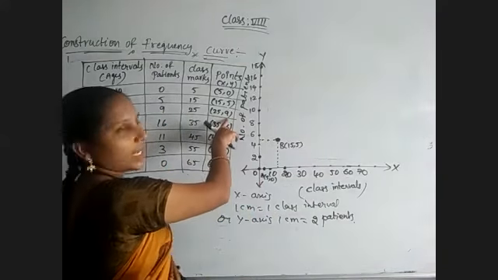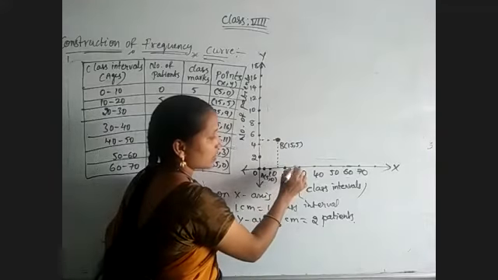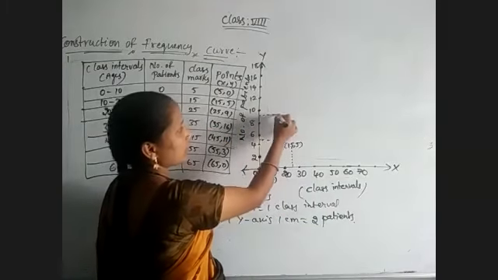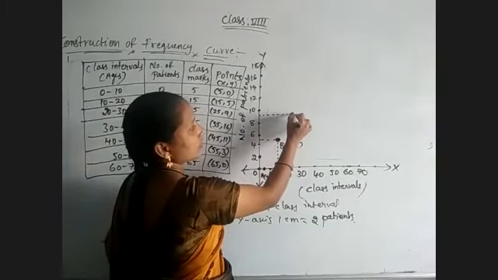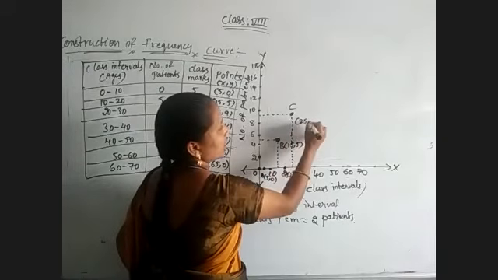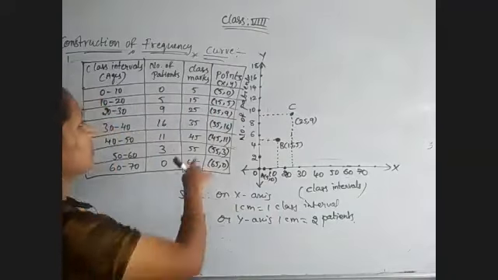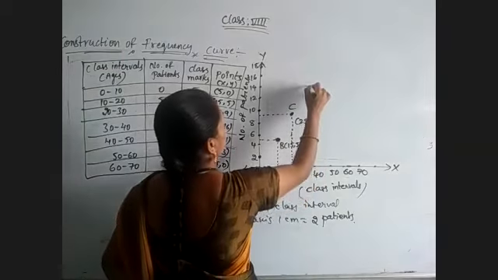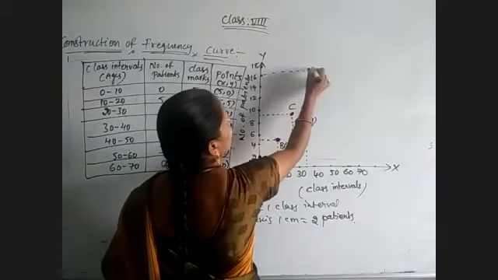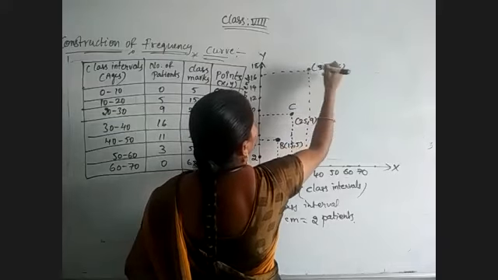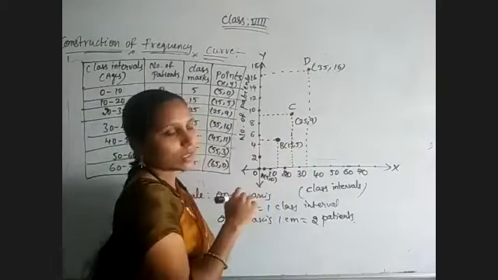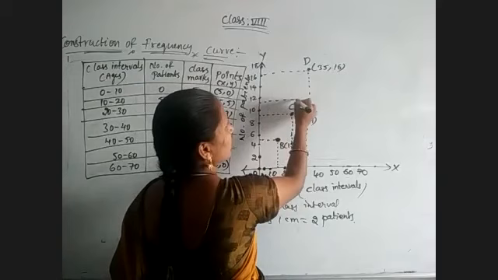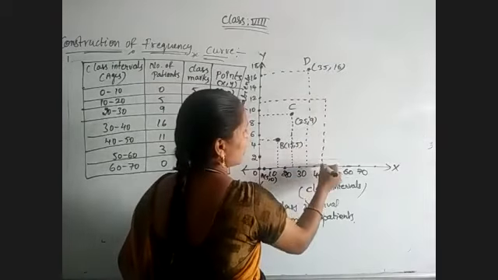Similarly 25 comma 9 we have to mention. 25 is in between this one, and 9 is here. Let it be point C, 25 comma 9. Similarly 35 comma 16. 35 is here, 16 is here, and let it be point D. Then 45 comma 11. 11 is here, 45 is here.